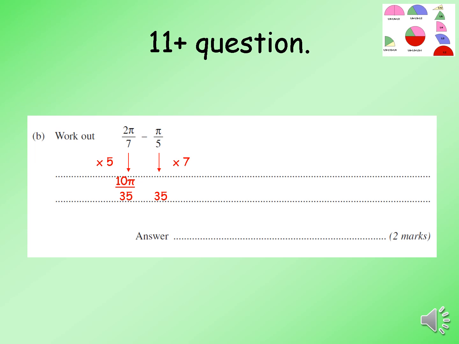Therefore, we multiply the top number, which is pi, by 7 to give us 7 pi, and that gives us a nice easy sum to do. So 10 pi take away 7 pi is 3 pi, over the common denominator we have. So the answer is 3 pi over 35.